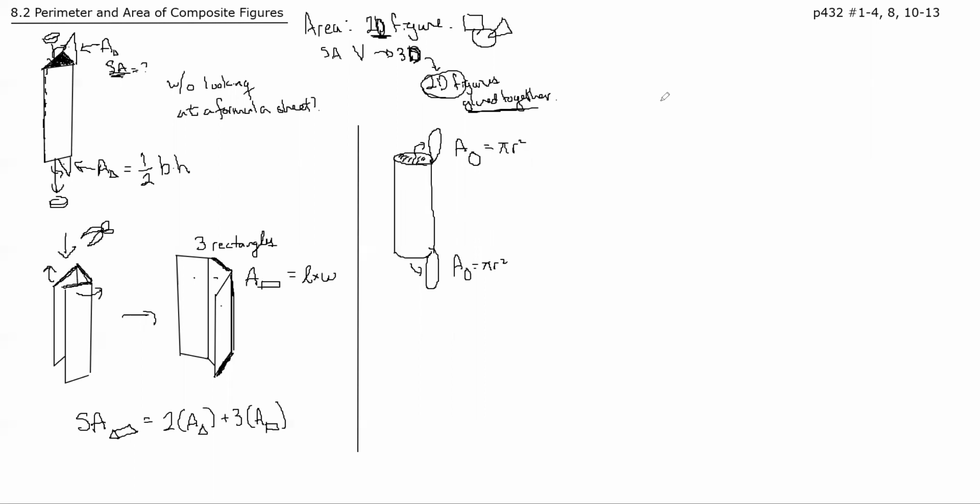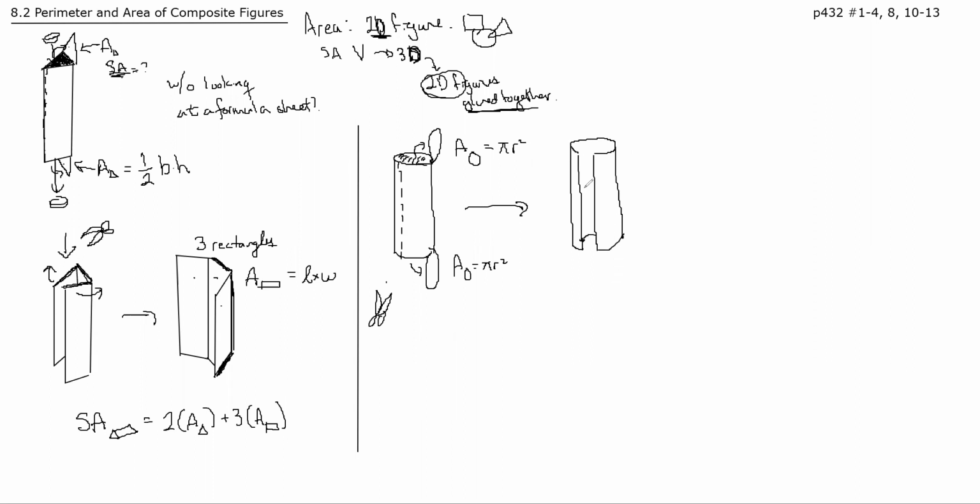Well, just as I did before, I'm going to take a pair of scissors and cut through the tube anywhere. If I take that tube and open it up, it might look something like this.